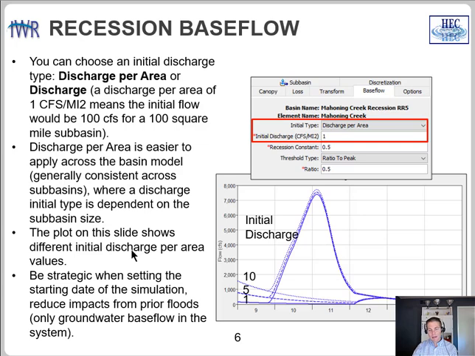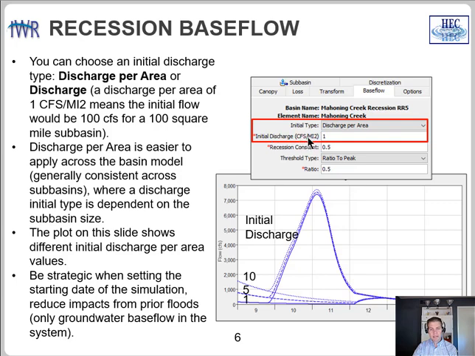All right, next slide. So now we're going to talk about the initial discharge, and you have two different options for specifying the initial discharge. You have a discharge per area, and then you also have the discharge option. So if you do choose the discharge per area, you would specify a rate per area. And you can see in the user interface right here, CFS per square mile.